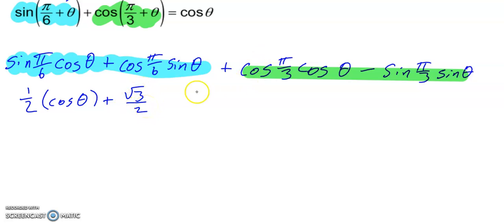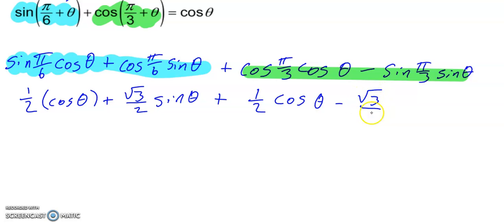That comes from the unit circle, sine theta, plus cosine pi over 3. The cosine of pi over 3 is 1/2 from our unit circle. Sine of pi over 3 is radical 3 over 2. Sine theta.